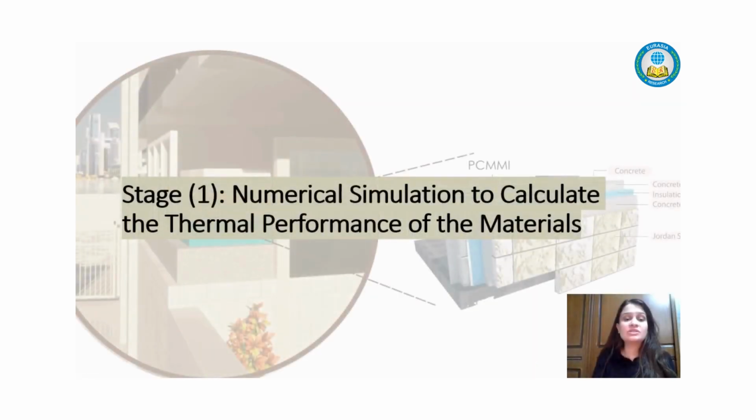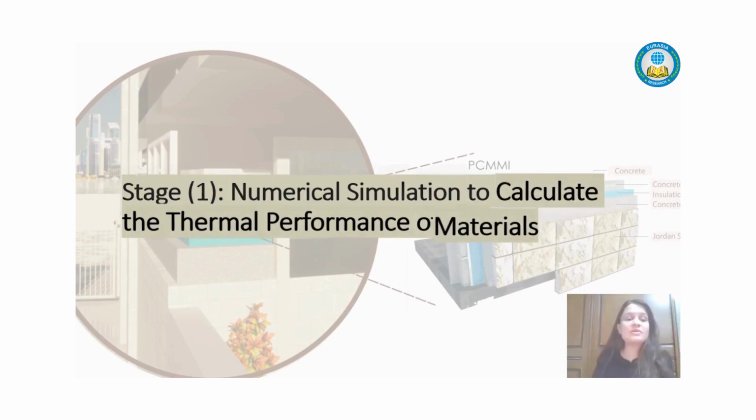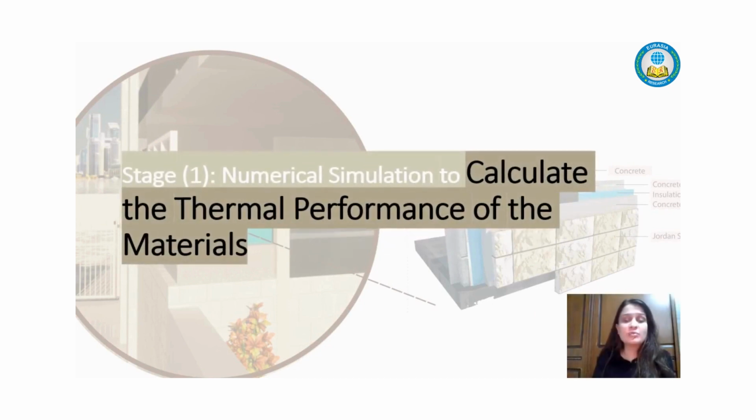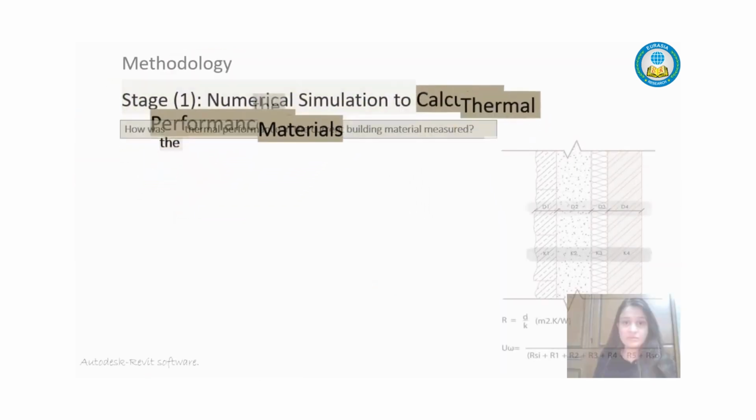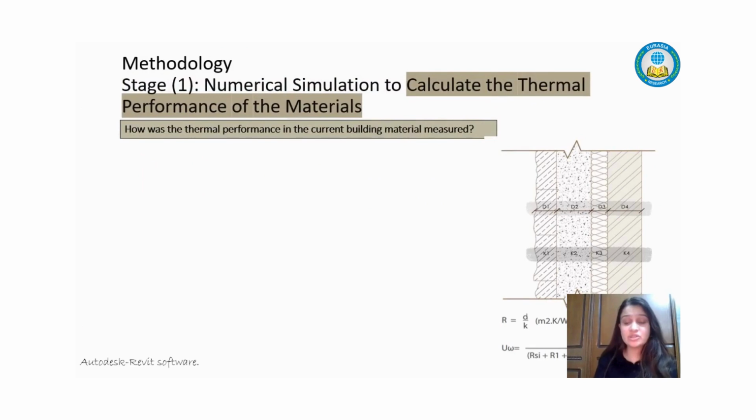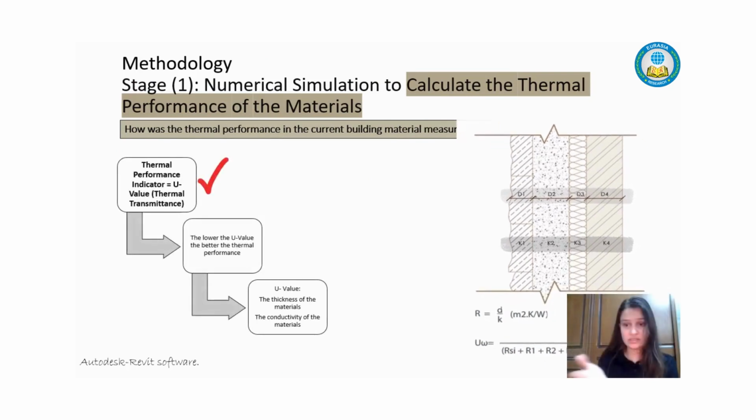Stage 1 is calculating the thermal performance of the materials. How would I calculate the thermal performance of the material? That is by measuring what is called the U value, which is the thermal transmittance. Thermal transmittance could be calculated by knowing its equation, which is U equals 1 over R, 1 over the resistance.